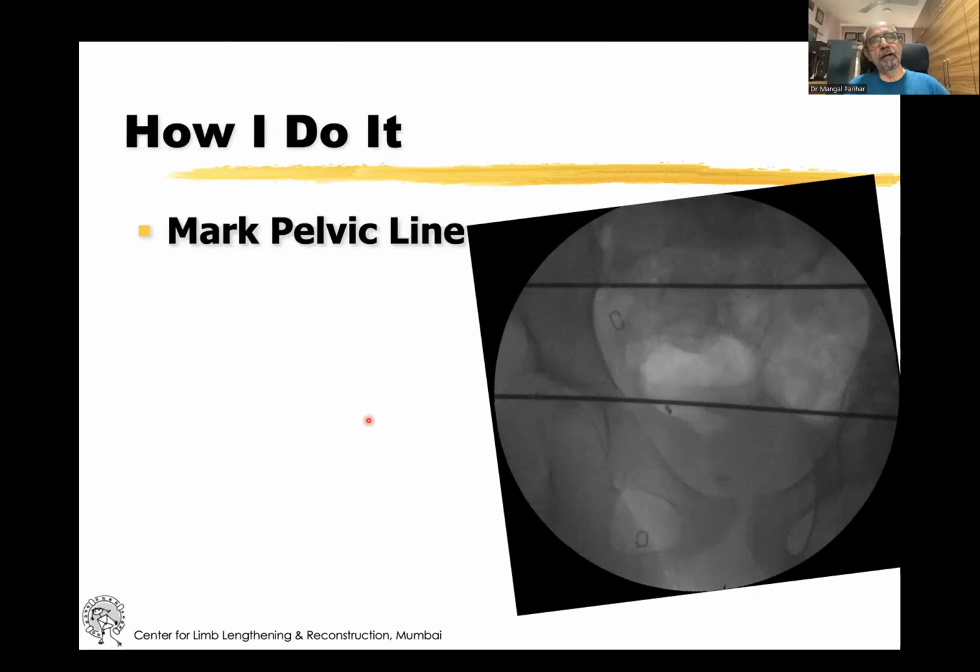And when I do anatomic axis planning as well as mechanical axis planning, you can well do it with only one planning. But I will use both of them to cross-check against the other. Am I getting the same number? Am I getting the same level? So generally, that's a habit that I have developed over time.